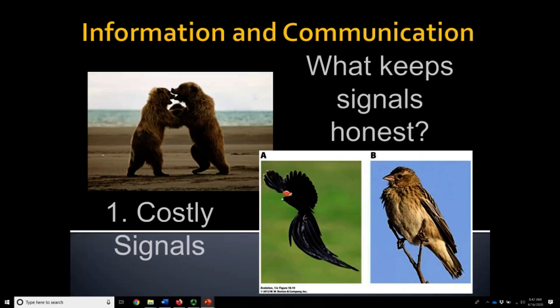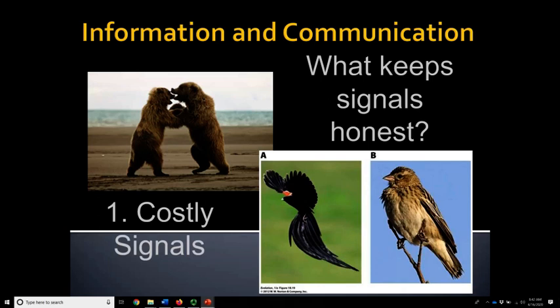And so other bears might tend to stay away from you if you look that big, but because there's some testing, right, they're not just going to take it at face value. They'll push you around a little bit, maybe interact with you to see if you really are as big as you look. So that keeps that signal honest. So now there's no benefit to having mutations that make you look bigger and fuzzier and scarier if they're actually testing you, okay? But a costly signal can be honest.